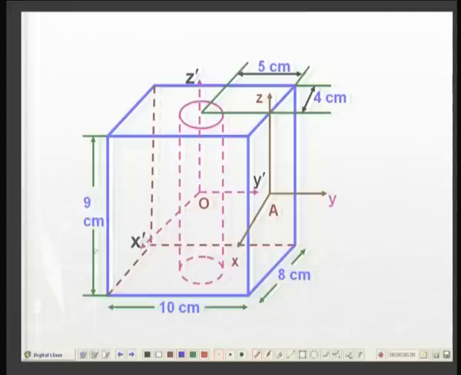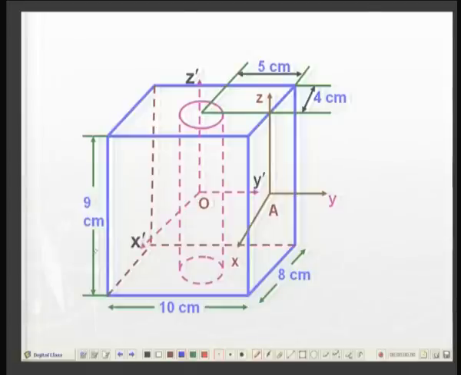The outside rectangular block, the center of mass is at the midpoint of the 3 dimensions, that is its location will be at 4 centimeter along this dimension, 5 centimeter along this, and similarly half of 9, that is 4.5, is the height, and the cylinder is also located at the same point.